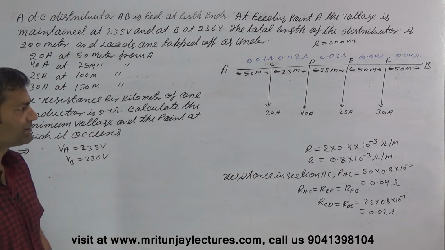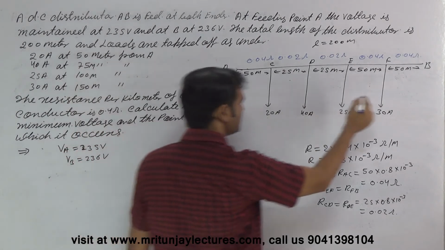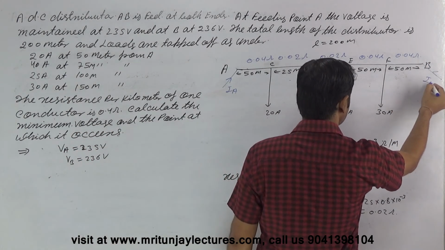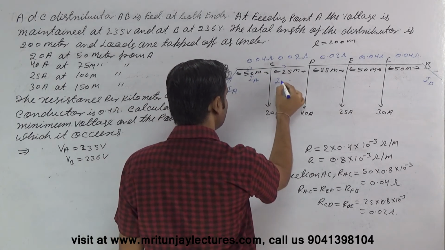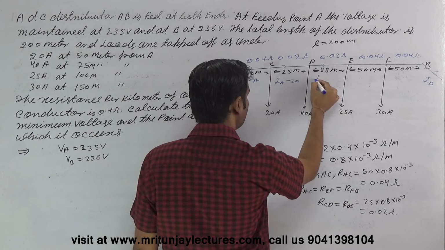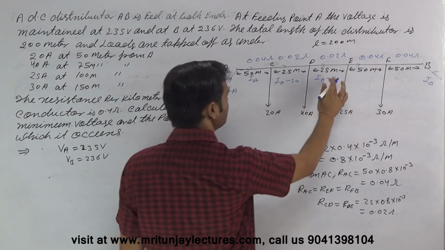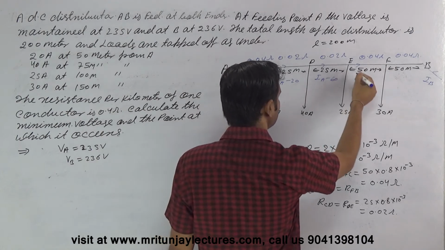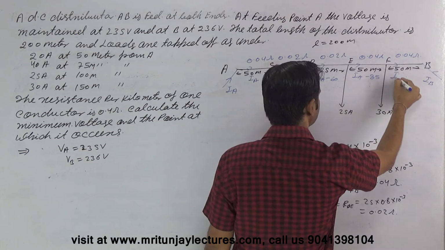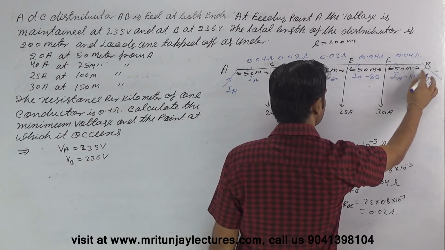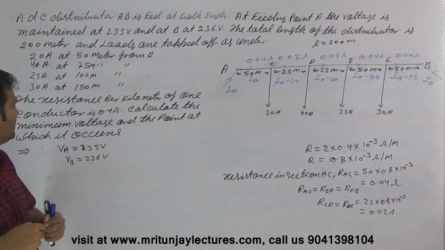Now the next target is the current. For the two wire system, the currents are IA, IA minus 20, IA minus 60, sorry, one mistake, IA minus 85, and IA minus 115 ampere. Now we determine the minimum voltage.